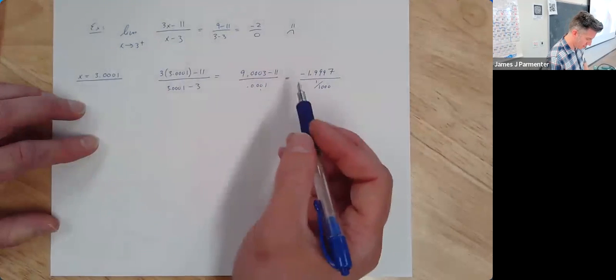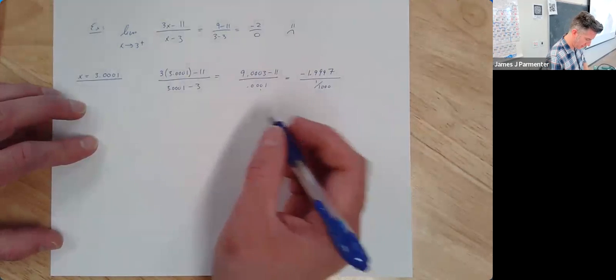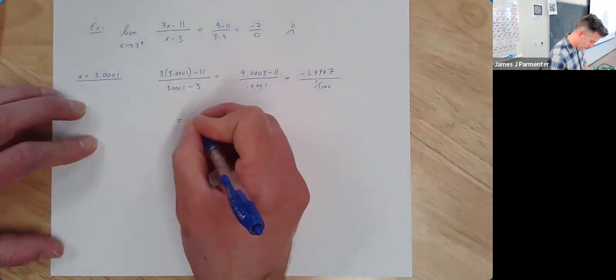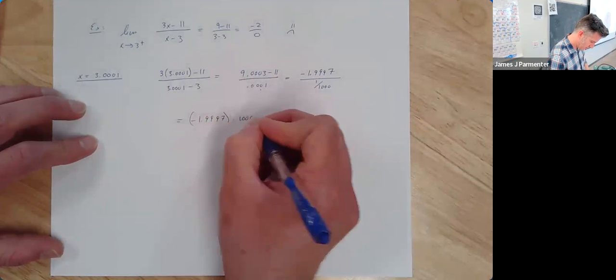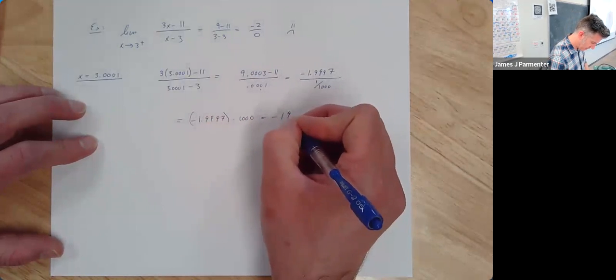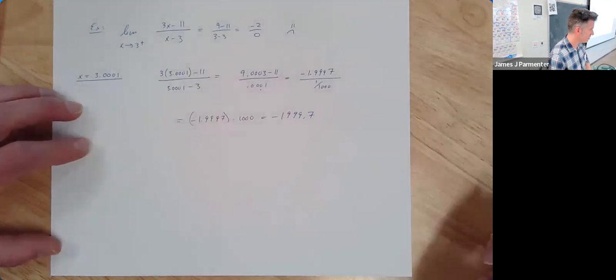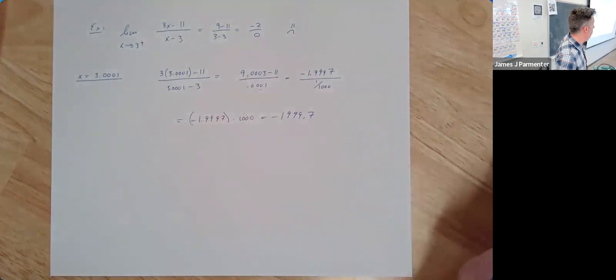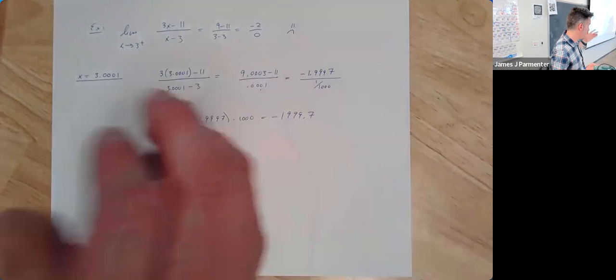So when I multiply by the reciprocal, I end up getting negative 1.9997 times 1,000, which is going to be negative 1,999.7. Or in other words, a pretty large negative number. And if I went even closer to 3, my result would be even more negative because the denominator would be even smaller.